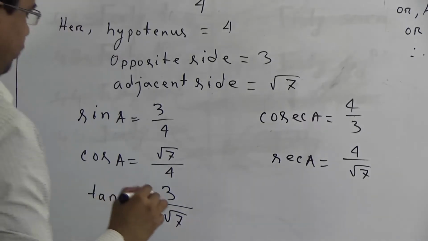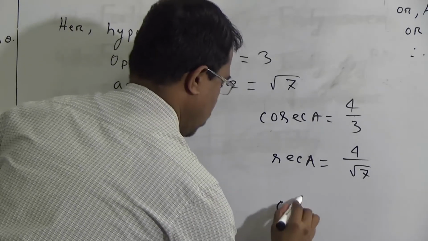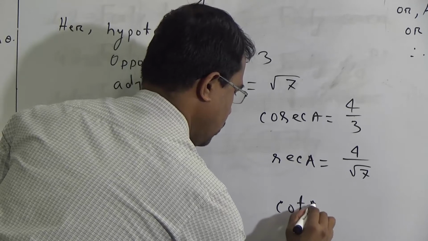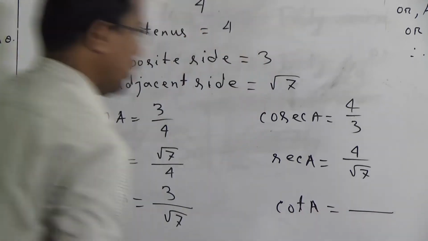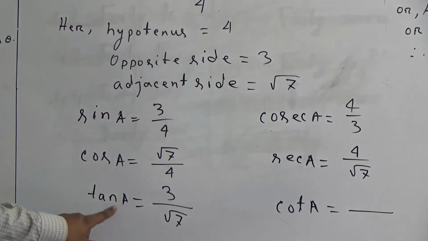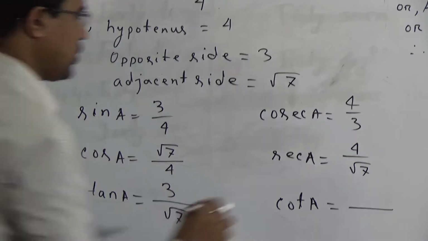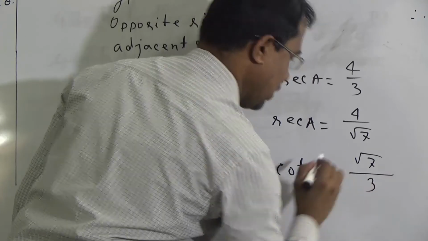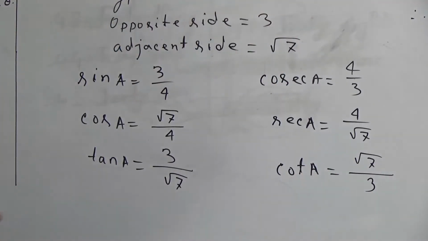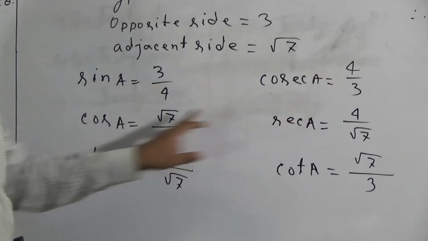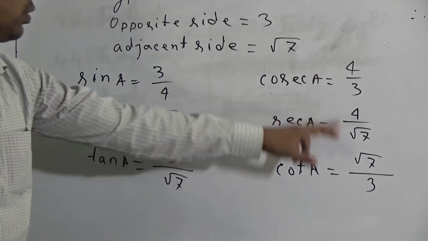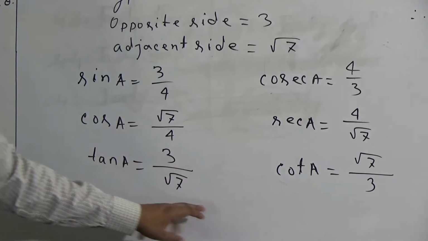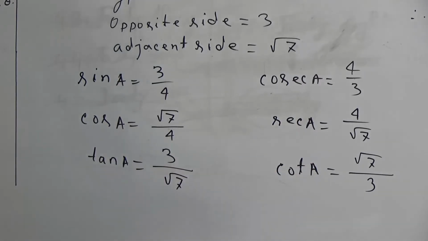Now cot A, cot is the opposite ratio of tan. So cot A is equal to root 7 by 3. This is the solution of 2 number question. Sin A equal to 3 by 4, cosec A equal to 4 by 3, cos A equal to root 7 by 4, sec A equal to 4 by root 7, tan A equal to 3 by root 7, and cot A equal to root 7 by 3.